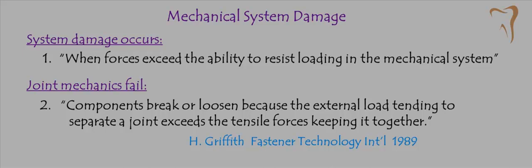And joint mechanic failure is a little sneakier because, again, it's an external load on the joint that tends to separate it or decrease the tensile forces on the screws. So I really think of screw failure and screw loosening as a function of the geometry of the joint not being able to protect the screw from external loads.